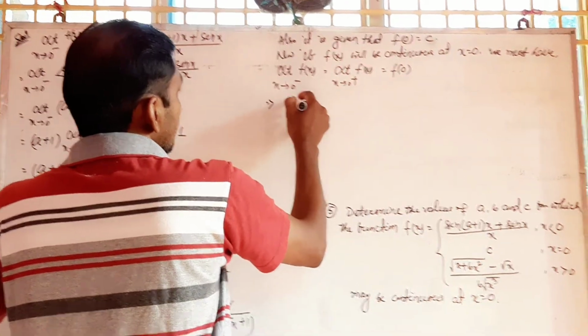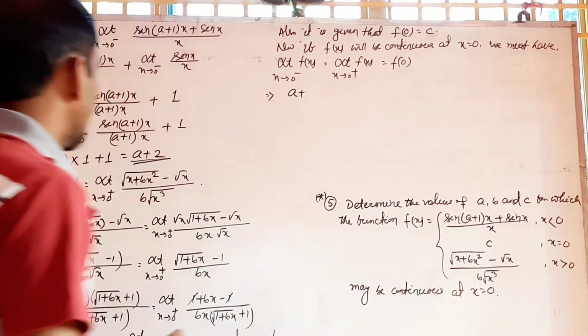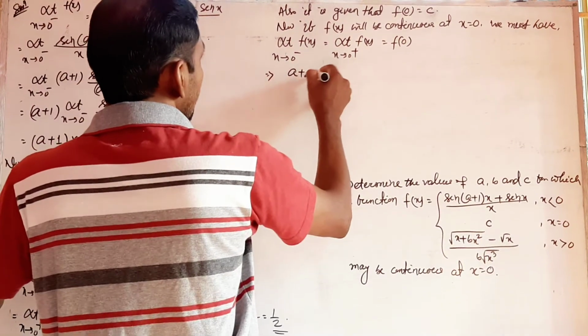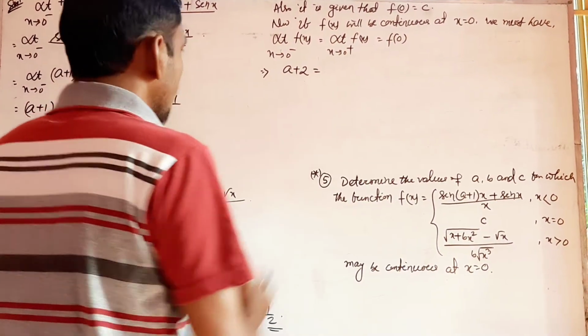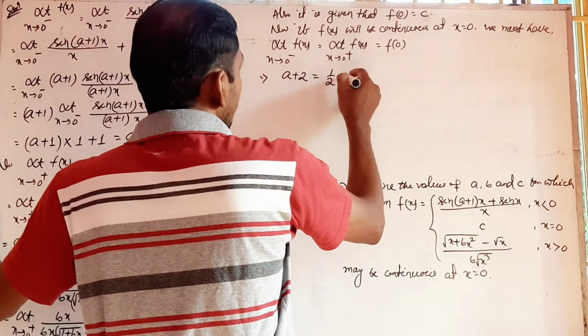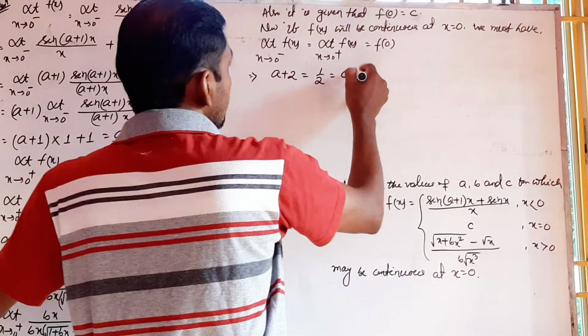This implies left hand limit is a plus 2, right hand limit is 1 by 2, equal to f of 0 is c.